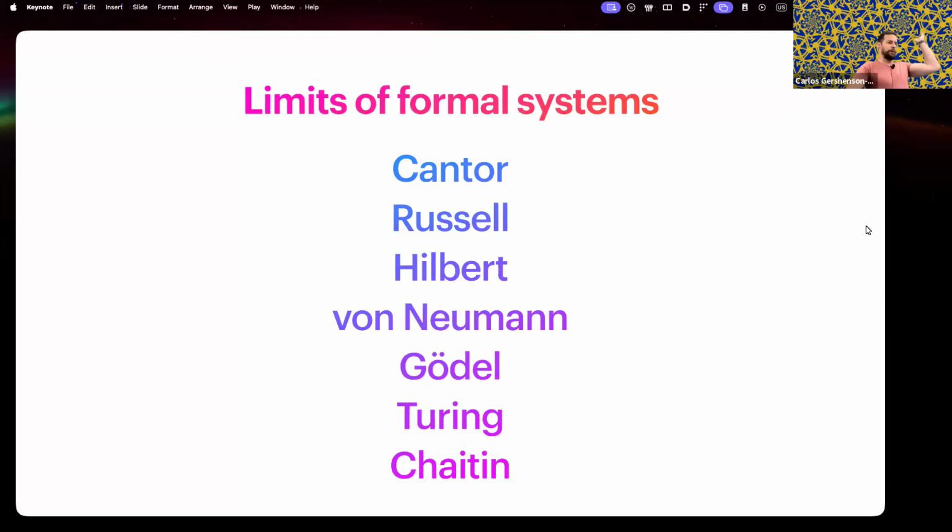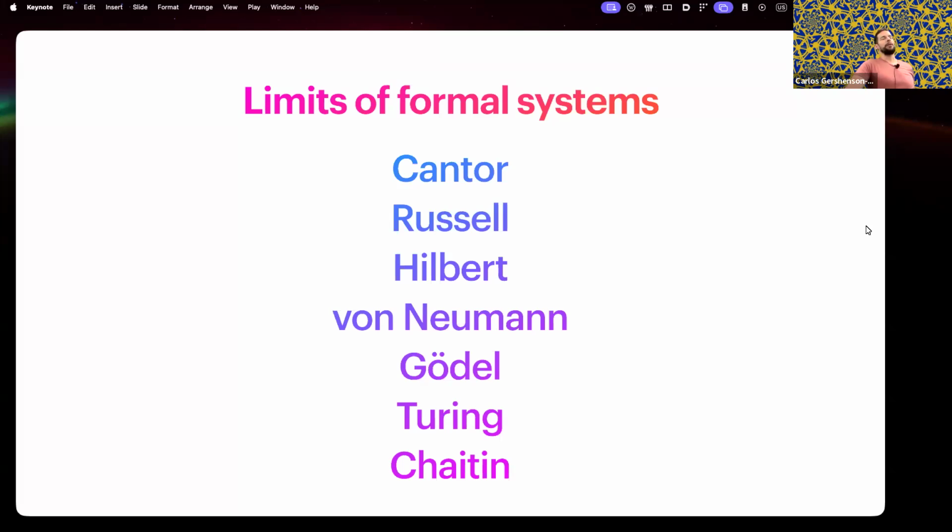David Hilbert, who was one of the most respected and influential mathematicians of the 20th century, posed a program to prove that mathematics in particular and formal systems in general were complete, consistent, and decidable.